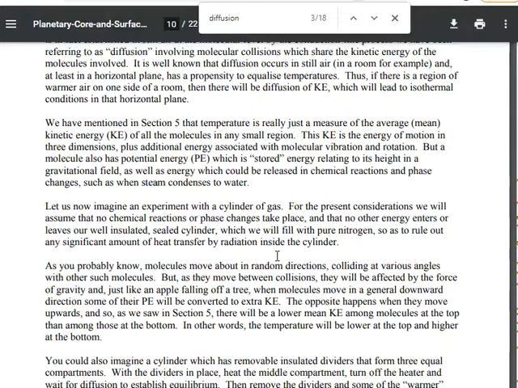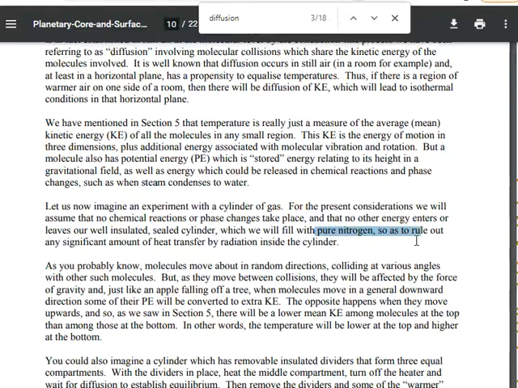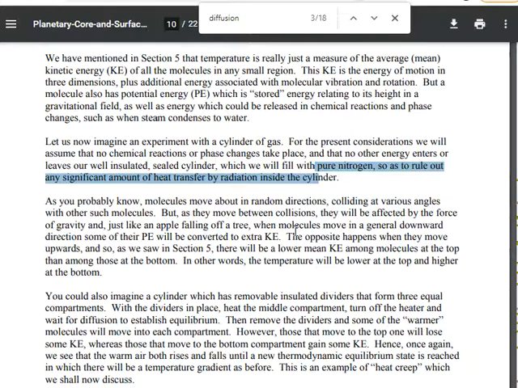Of course, whether heat is transferred by that light is another question. All right. But it's kind of a non sequitur to fill it with nitrogen so as to rule out any significant amount of heat transfer by radiation, because pure nitrogen is going to be transparent to virtually all radiation, and that won't rule out heat transfer by radiation. It just doesn't produce any. It's not likely to produce any radiation.